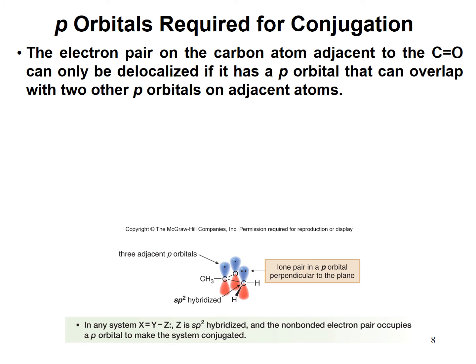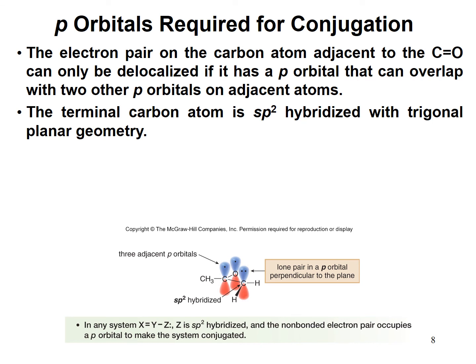P orbitals are required for conjugation. The electron pair on the carbon atom adjacent to the C=O carbonyl group can only be delocalized if it has a p orbital that can overlap with two other p orbitals on adjacent atoms. The terminal carbon atom is sp2 hybridized with trigonal planar geometry in our example.